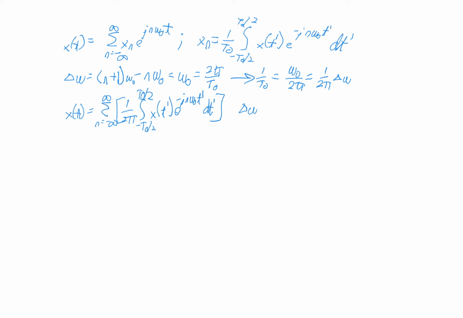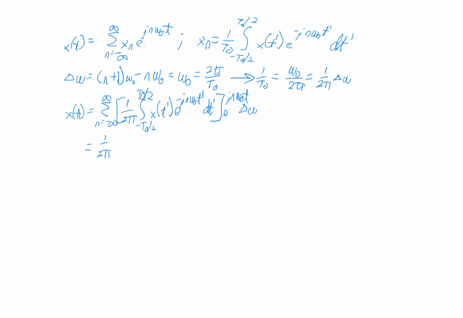And then I have to go back to the expression for x of t, which has this term right here, so I will add that in. And now I will make a couple of rearrangements. That 1 over 2 pi factor is just a constant multiplier, so I will pull that out front.